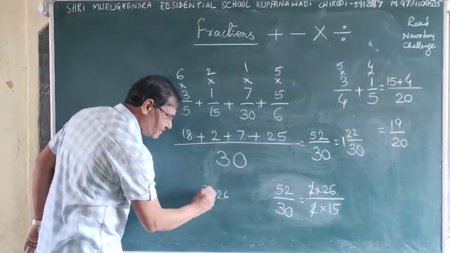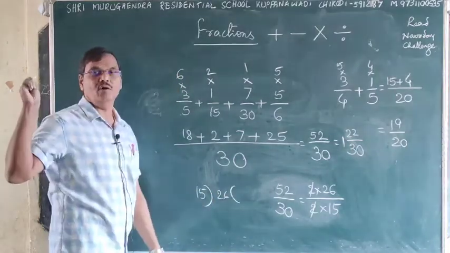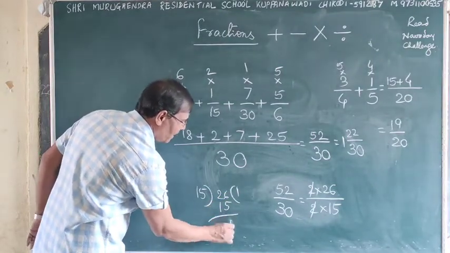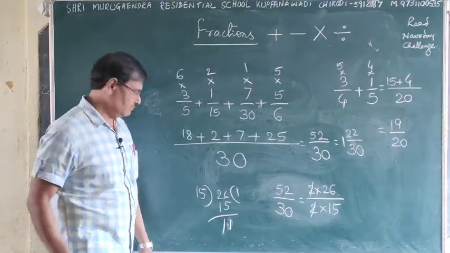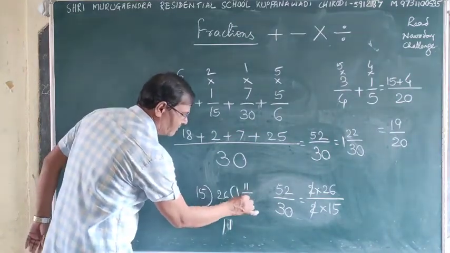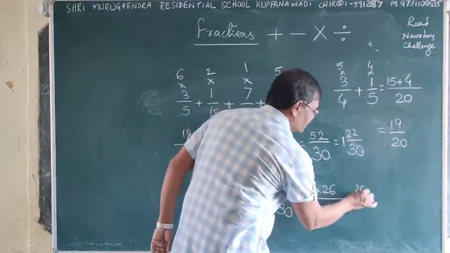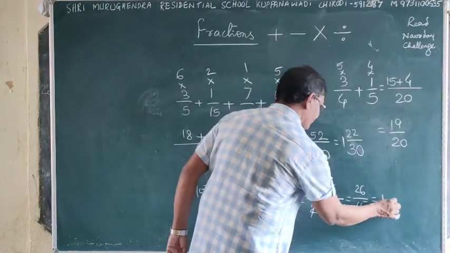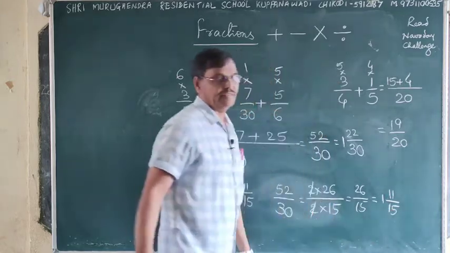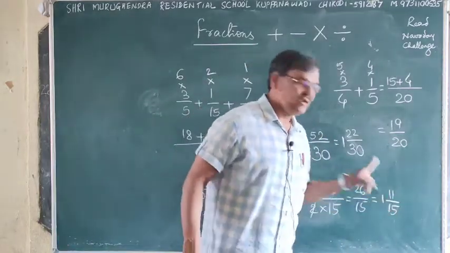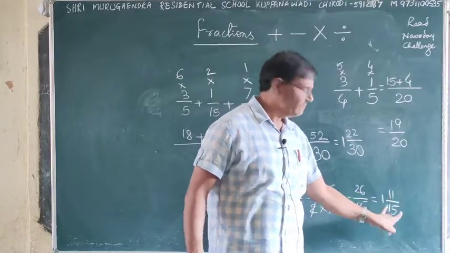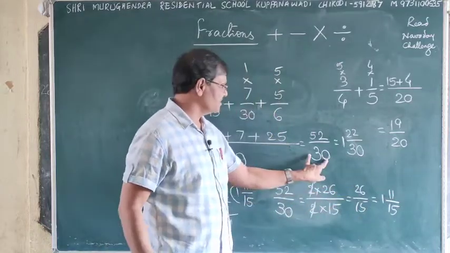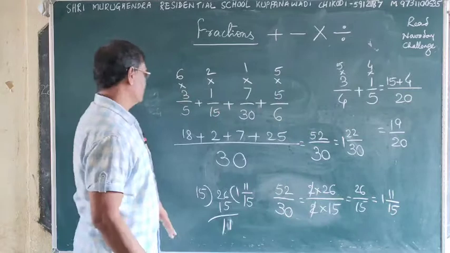Then 26 by 15 should be made into a mixed fraction. 15 1s are 15, remainder 11, so 1 and 11 by 15. 26 by 15 is nothing but 1 and 11 by 15. Whatever the form, these values are all the same because these are equivalent fractions.